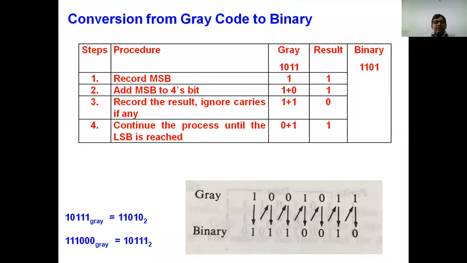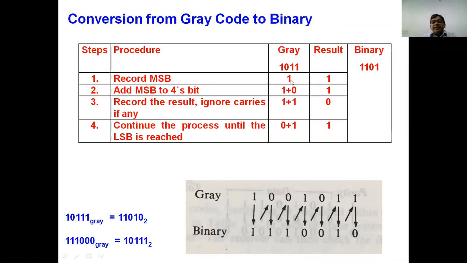What is the procedure? The procedure is very simple, as in the case of binary to gray. Suppose we take one example, 1011 of gray is to be converted into binary. So record the MSB, the most significant bit of the gray code, here.